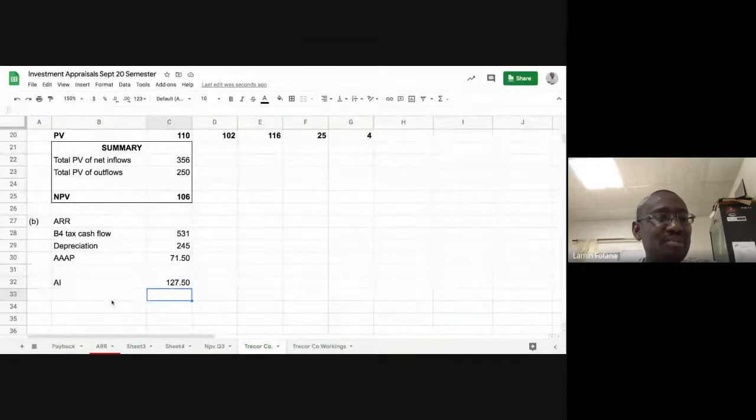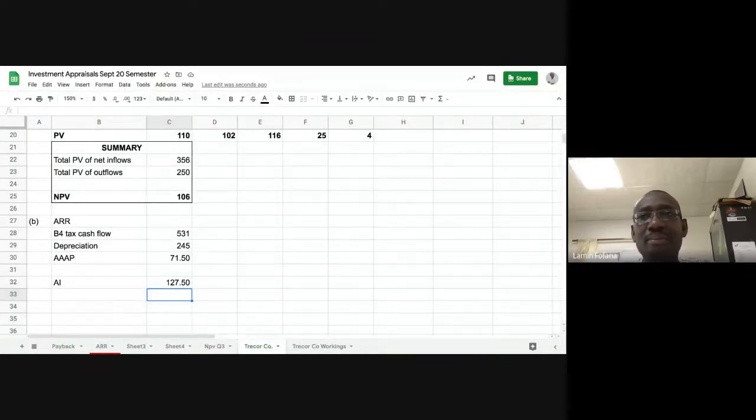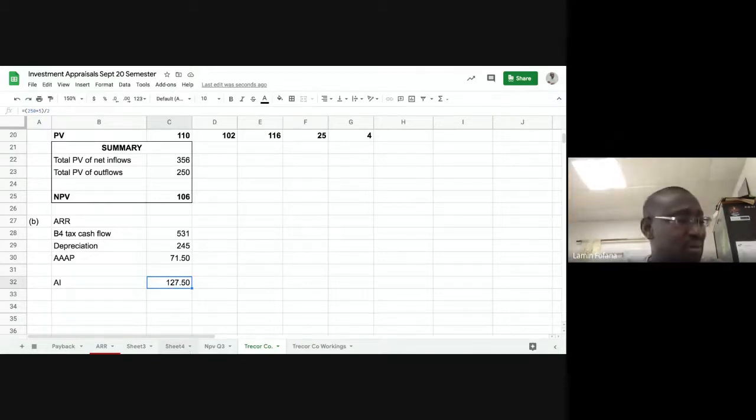The average investment is the initial investment plus the investment at the end divided by 2. The initial investment is 250,000. That's the cost of the machinery. There's a scrap value of 5,000 at the end of the period. So 250 plus 5 divided by 2 gives us 127,500, 127.5. We are taking this all into thousands, so let them not confuse you. This 531 here is 531,000, 245, 71,500, 127,500, like that. Is that clear? All right, thank you.